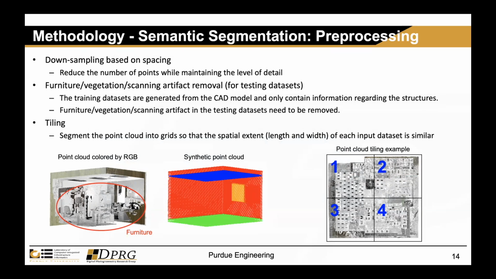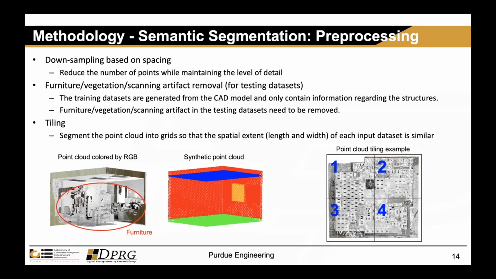However, these objects do not exist in the training dataset, because the training dataset we generated from the CAD model, and the CAD model only contains information of the structures. So an alternative would be to label everything in the point cloud, but that would be unrealistic for us. So we choose to remove this furniture, vegetation, and scanning artifact in the testing dataset.